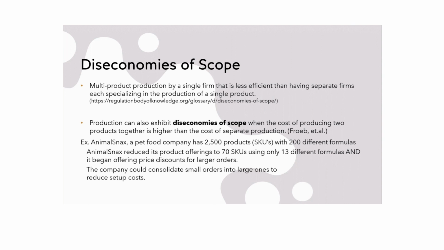These diseconomies of scope mean multi-product production by a single firm is less efficient than having separate firms, each specializing in the production of a single product. So sometimes, mas maganda yung maghiwalay, no?